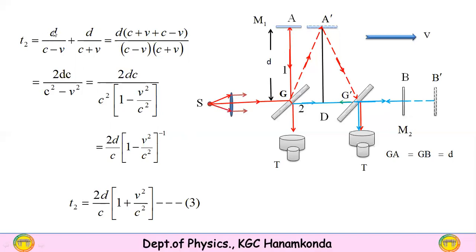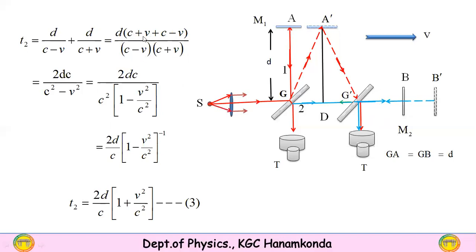Therefore, d by c minus v, plus the distance divided by the reflected ray velocity c plus v. Therefore, T2 equals d by c minus v plus d by c plus v. Doing simple addition, that becomes d into c plus v plus c minus v, divided by c minus v into c plus v.